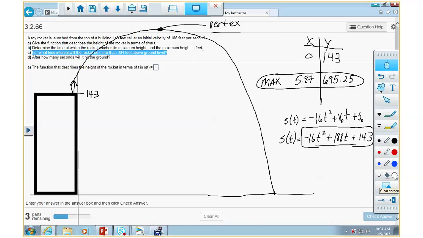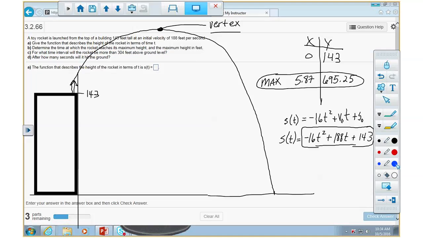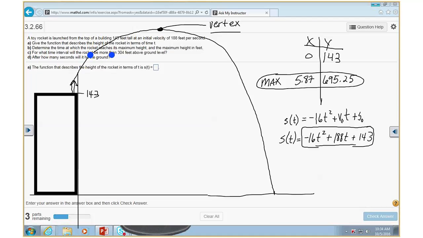I'm going to take my blue marker here. It's saying, for what time interval will the rocket be more than what? Where did it start? So where is 304? You know this is 700. So 304 will be somewhere in here? Well, it's going to be there. And it's going to be what? Over here, because the parabola is symmetrical, right?